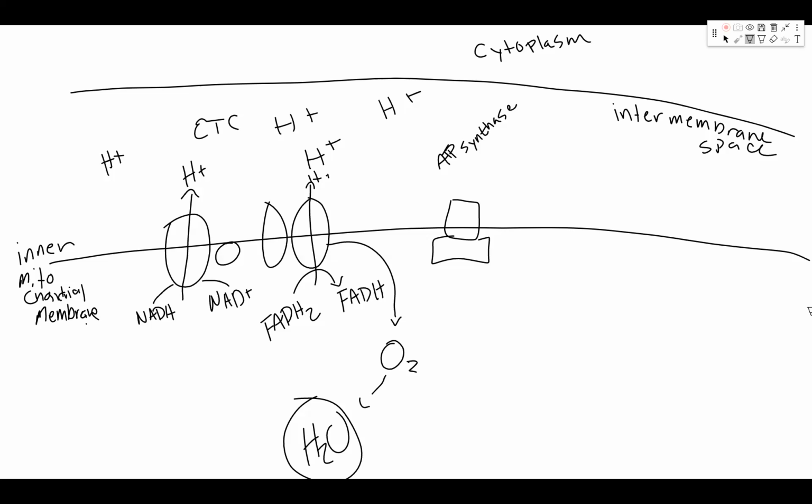So we've established this electrochemical gradient. There's some hydrogens in here. That's what we use to make that water. But these hydrogens want to create a balance. They want to even stuff out. And when they do, actually, I'm going to move my ATP synthase down a little bit, just for clarity's sake.